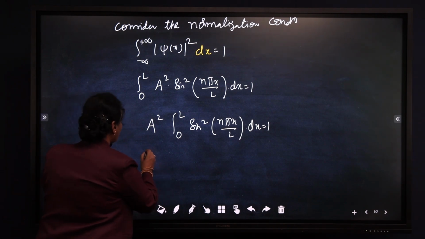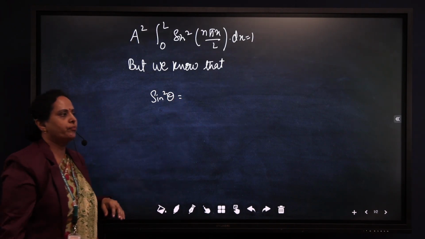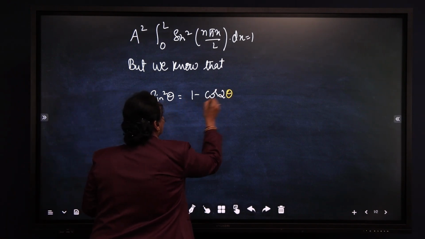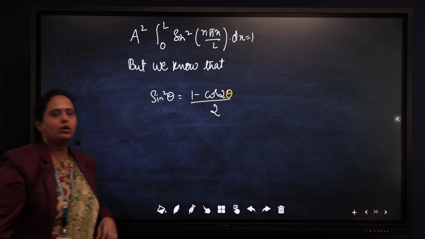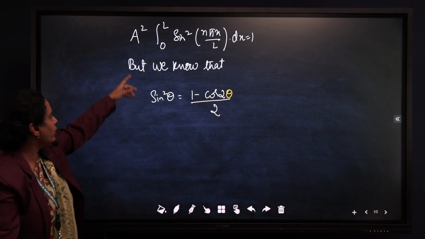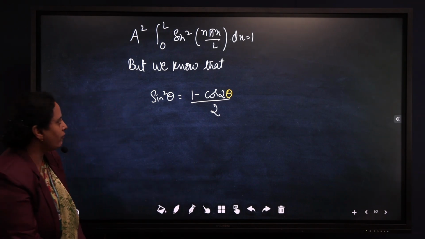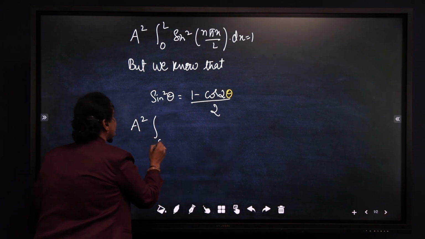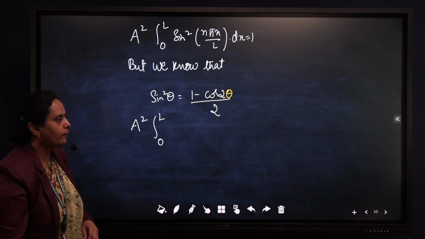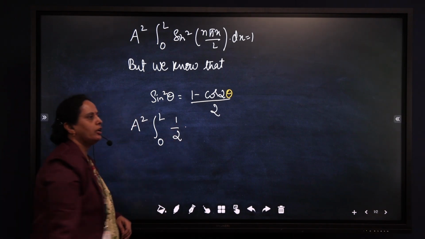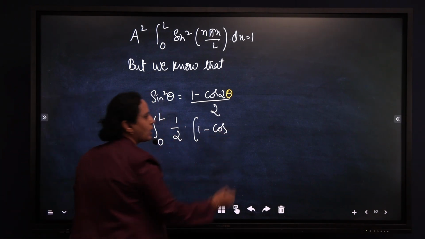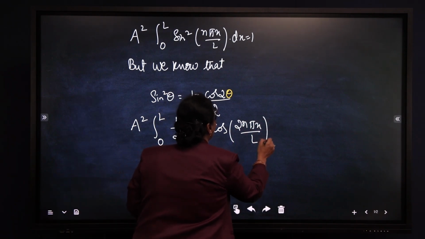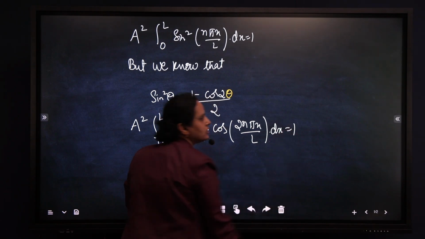But we know that sin square theta is equal to 1 minus cos 2 theta by 2. By using this expression, we are going to solve the above integral. So it comes out to be a square integration 0 to L of 1 by 2 into 1 minus cos 2n pi x by L into dx is equal to 1.